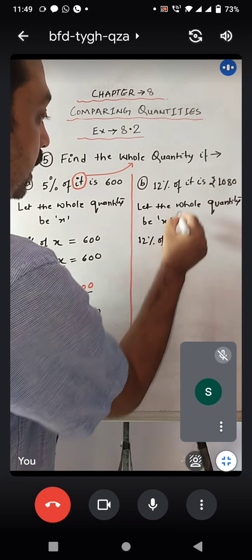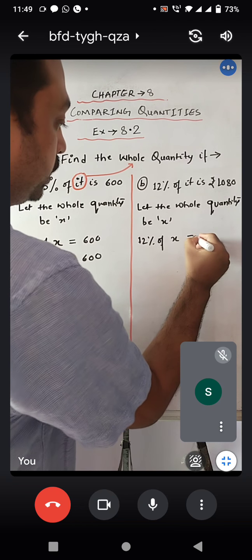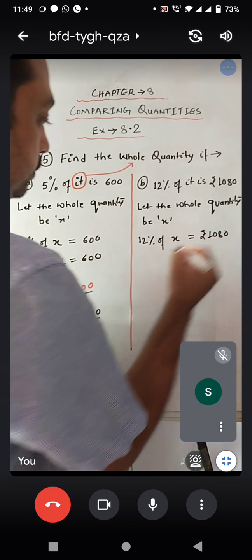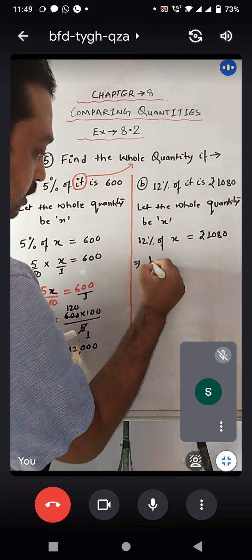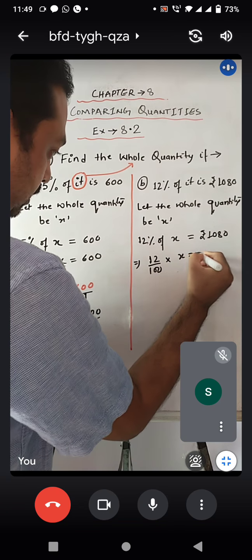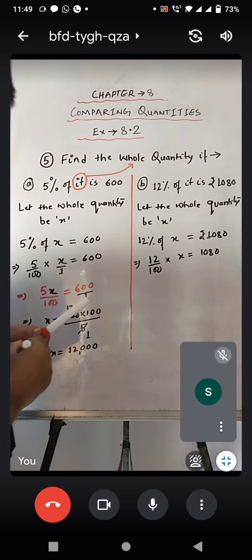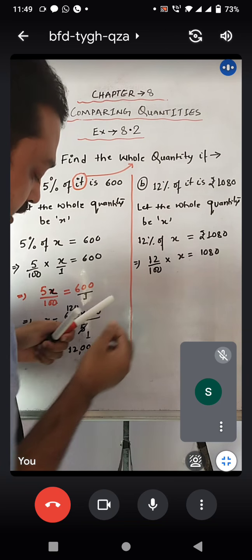Okay. Now the next line, what you have to write? 12% of, in place of it we will write x, in place of is we will put equals to sign, rupees 1080. So in the next line, 12% means 12 by 100, of means into, x is equal to 1080. Now no need of giving the unit. Now to get the value of x you have to take 100 and 12 towards that side.